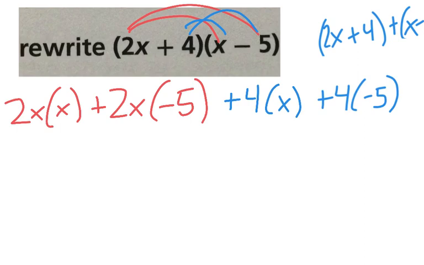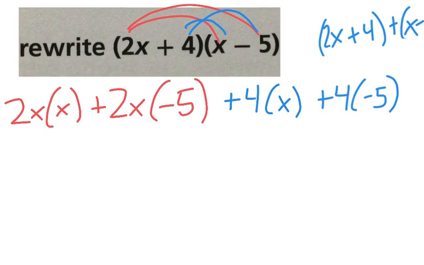Some people teach you a trick, and I don't like it. Whenever it's a binomial times a binomial, you might hear other teachers say, or you might see it somewhere, people write out FOIL.